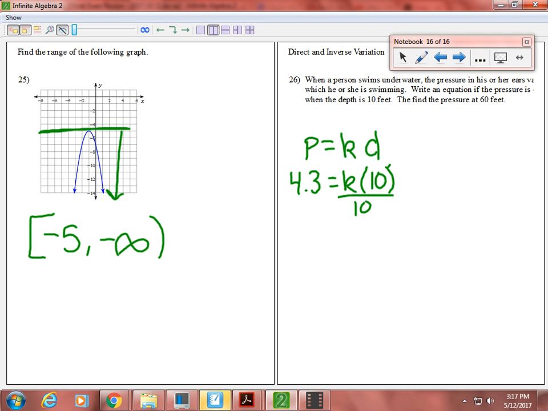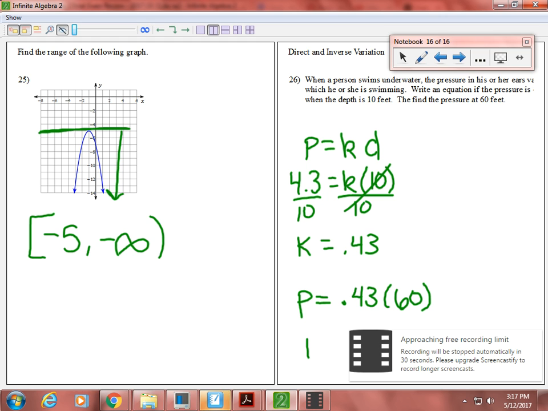To find K, I divide by 10, and I get K equals 0.43. Then I plug it back in for the next equation, so I'm finding the pressure when K is 0.43 and the depth is 60 feet. You're just multiplying those together, and you get 25.8.